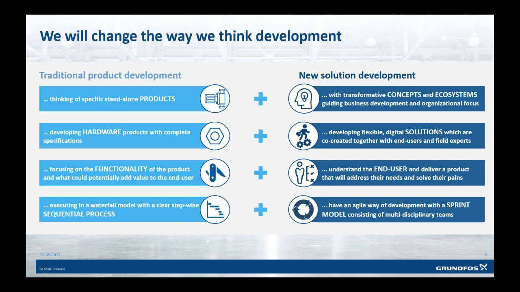And we need to move into a new solution development world where we're considering transformative concepts, bigger ecosystems, more collaboration, more partnerships, creating more flexible solutions which are co-created with end users and societal objectives at the heart of them.